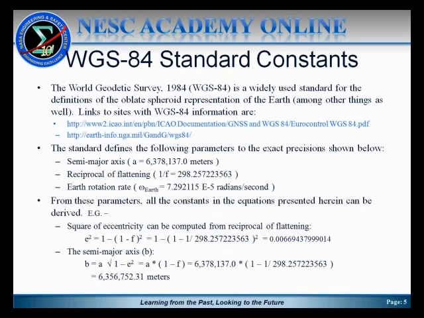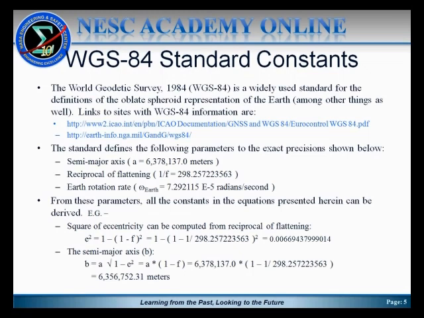The semi-major axis length, referred to as A in my previous presentation and throughout this one, is listed as 6,378,137.0 meters. The reciprocal of flattening, which as we talked about earlier in part 1 can be related to the eccentricity, is as shown. The Earth rotation rate, which we discussed earlier in radians per second, is shown.